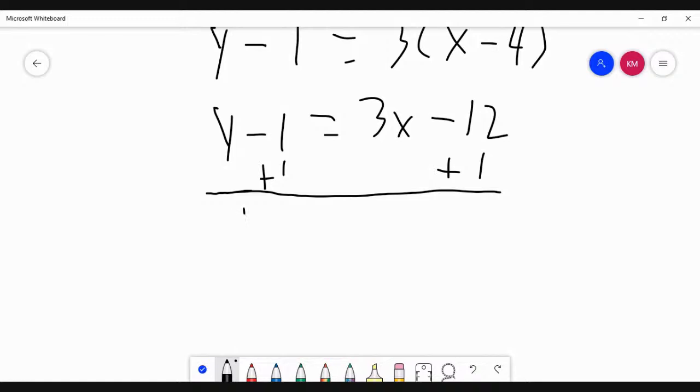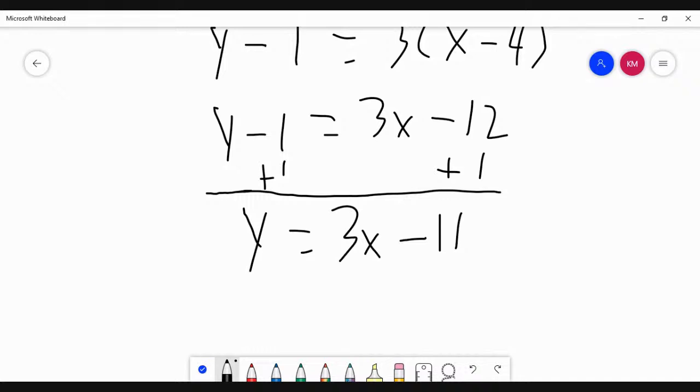Once I do that, I will have y equals 3x minus 12 plus 1, which will give me a minus 11.